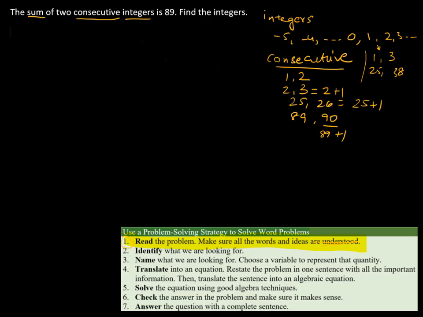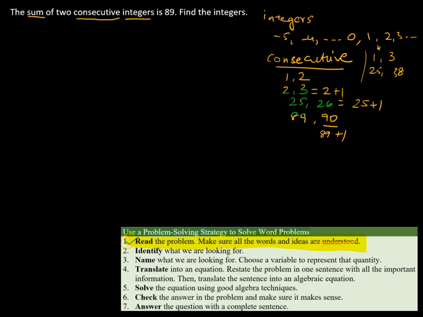So this number is nothing but the previous number plus 1, right? Now let's check off what we have done. Yes, we have read the problem, and we also understand the keywords in this problem. Okay, let's move on to the next one.